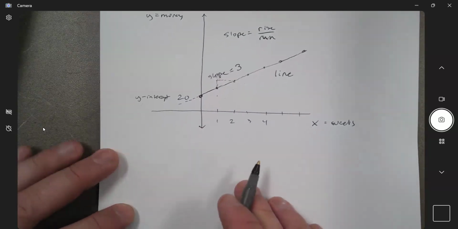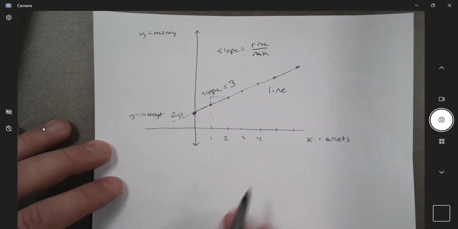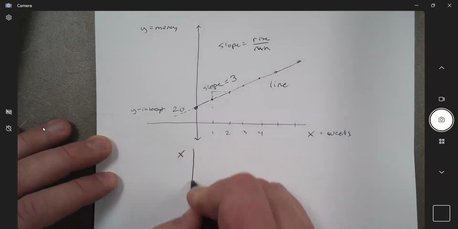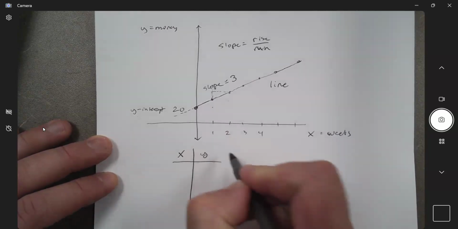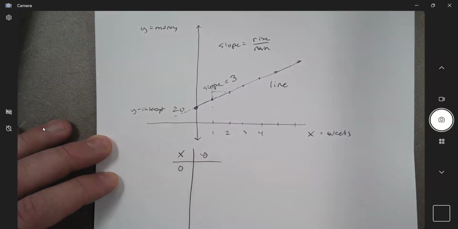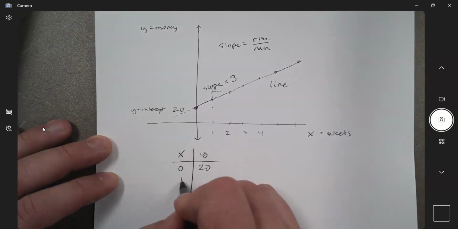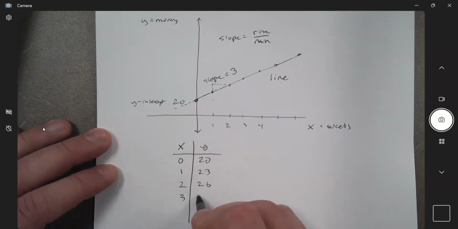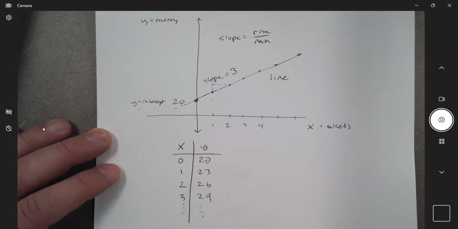And the table form would look something like X and Y. When my weeks are 0, my money is 20. And then as my weeks increase, each time my week increases by 1, my money increases by 3.